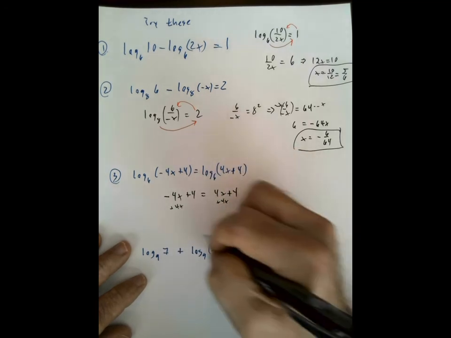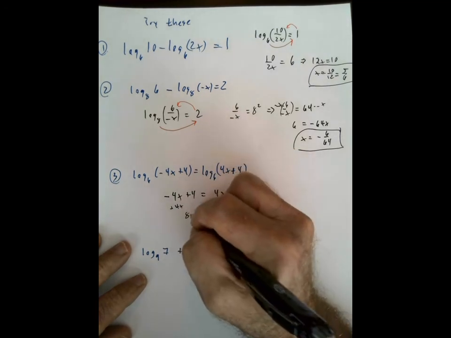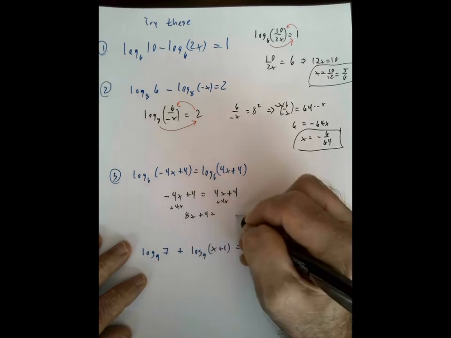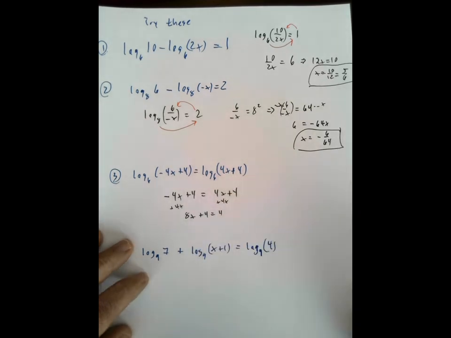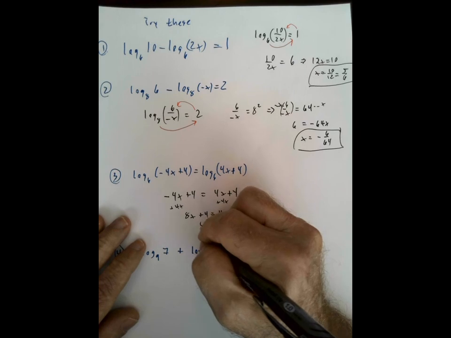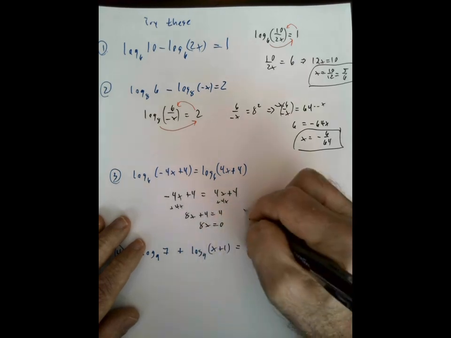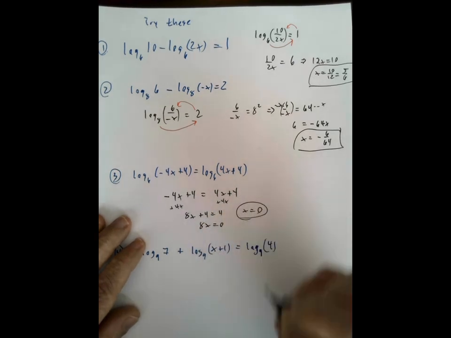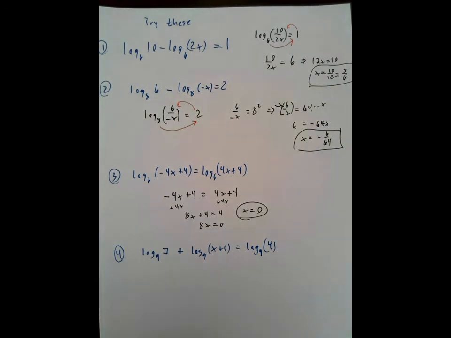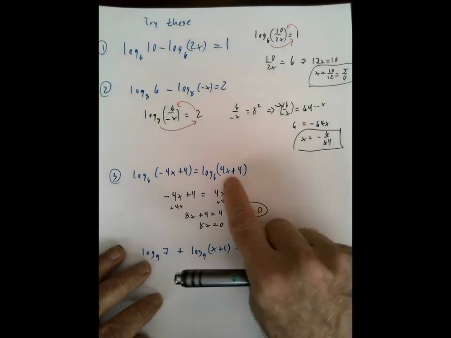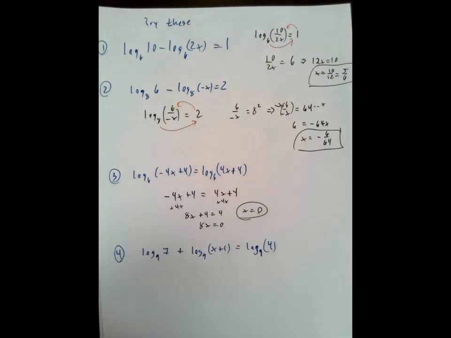So that's 8x plus 4 is equal to 4. Subtract 4 from both sides. 8x is equal to 0, or x is equal to 0. So that's our solution there. And you're thinking, wait, is 0 okay for a logarithm? Yeah, we put 0 back in here, and we get log 6 of 4 on both sides.